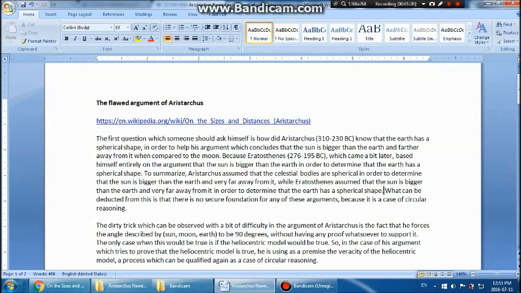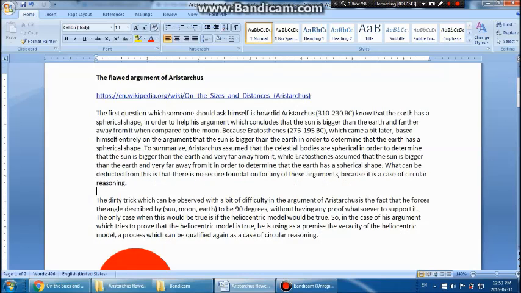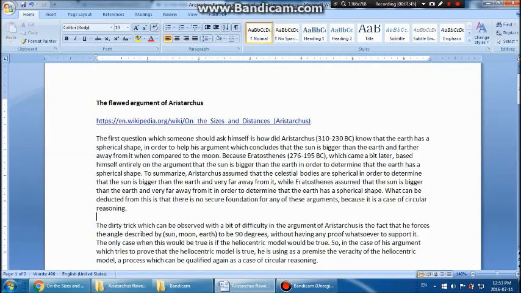So what can be deduced from this is that there is no solid foundation for any of these arguments, because it is a case of circular reasoning. Eratosthenes bases himself on the result which should be Aristarchus's, and vice versa.